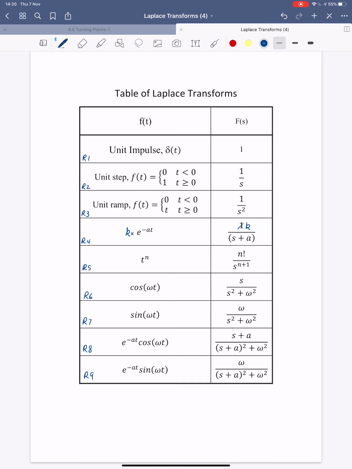I'm just going to check something here. We've got 1 over s, which is this one here, and so the f of t is 1/5, because t is greater than or equal to 0.